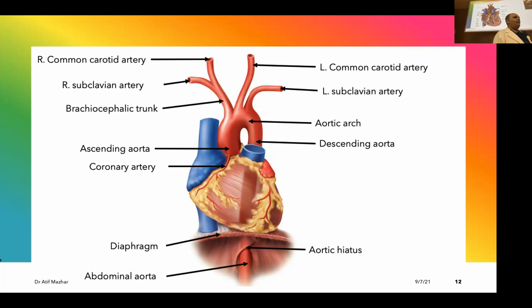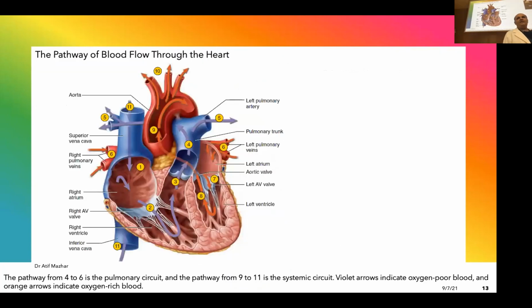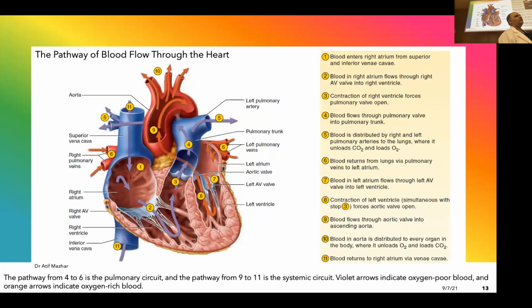Okay, now this is what has been explained in this image, how the deoxygenated blood comes to the heart, and step by step, everything is being numbered. Where is the oxygenated blood? See, the red one is showing you the flow of the oxygen-rich blood.